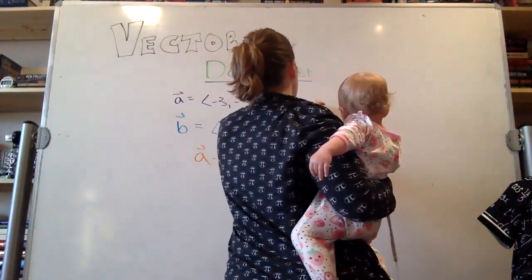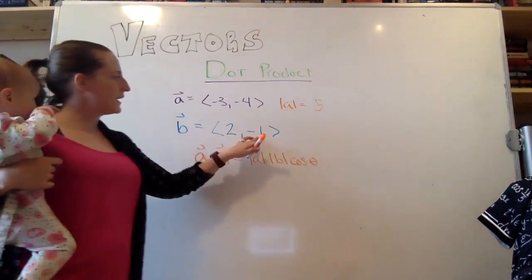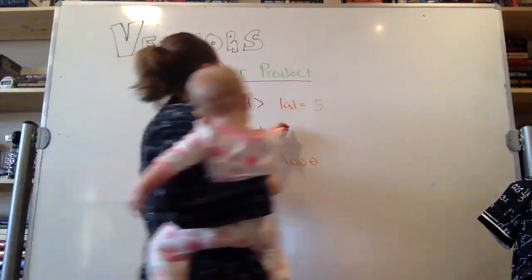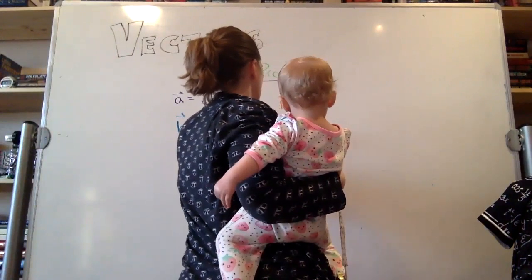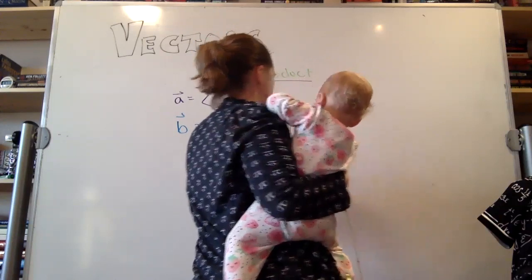That gives me 5. Here we've got 2 squared, which is 4, plus -1 squared, which is 1. So the magnitude of B is going to be the square root of 5.